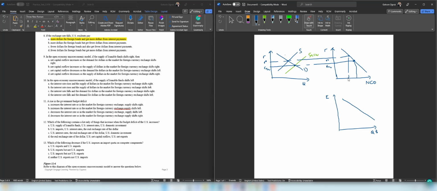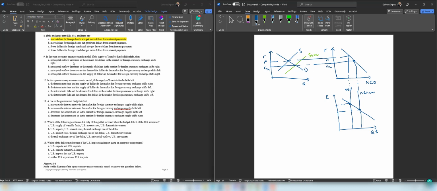Now, before we were here, this is the old NCO. Now, because of this shift, we have a new NCO. This is the new NCO, NCO new, NCO star. Okay. So what happens is that, as you see from here, the exchange rate depreciates because of this shift of the supply to the right in the loanable funds market.